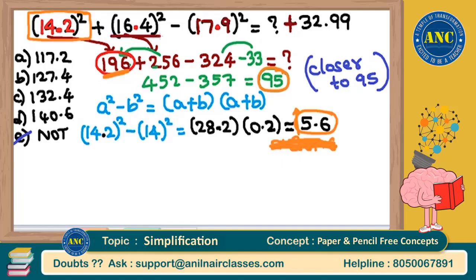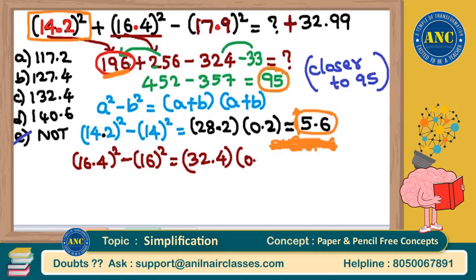Similarly, 16.4 whole square. I took the value of 16. 0.4 I ignored. Let me find that. 16.4 plus 16 is 32.4 into 0.4. So this will approximately give me 13, or 12.96.